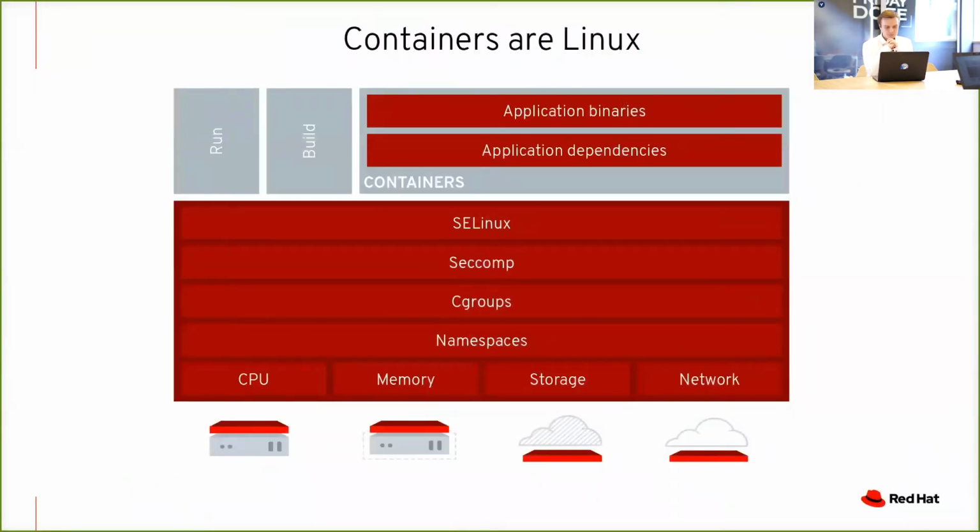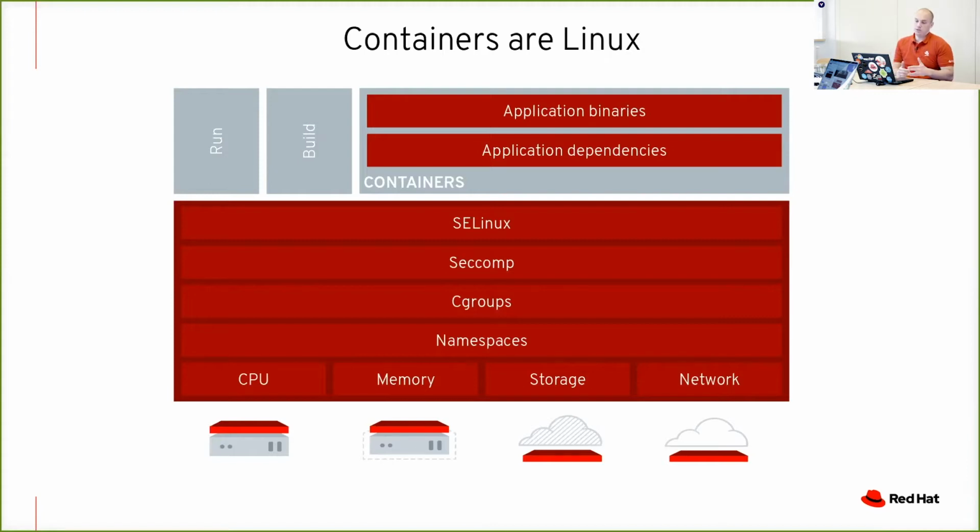Sure. So today we're going to talk about OpenShift from the operators and administrators point of view. The first thing I would like to emphasize here is that when you start a container, it really means that you are running a process on the Linux operating system.